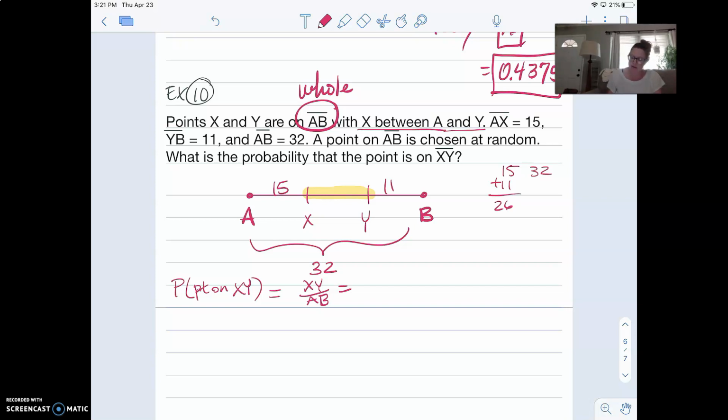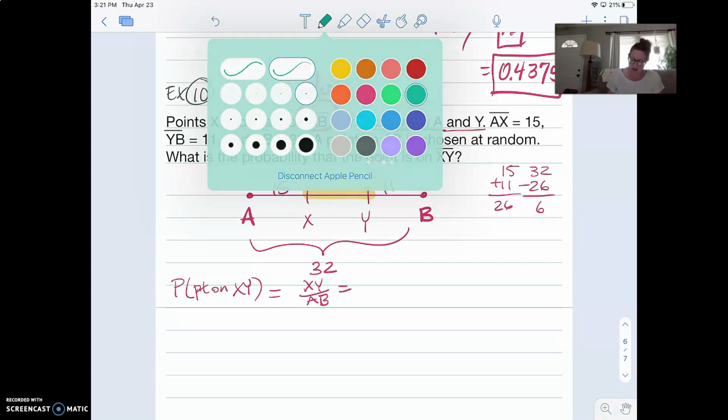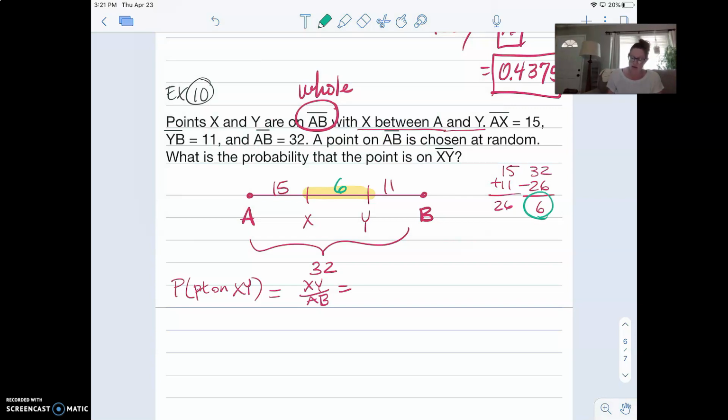But then I need to subtract from the total 32. So 32 minus 26 is going to be 6. So that means right here, XY has a length of 6.